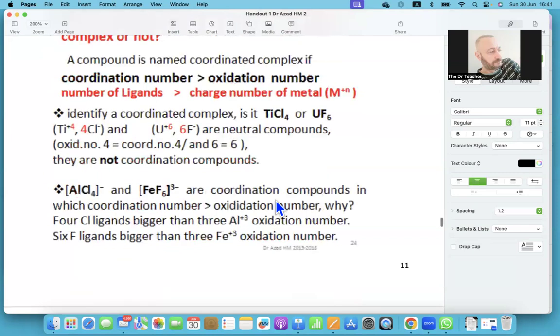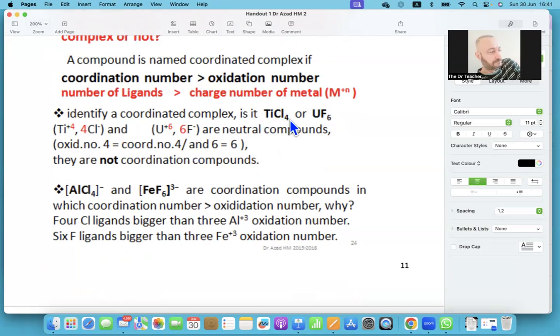So identify coordinated complex. Is it for titanium tetrachloride or for hexafluorouranium? So now we need to calculate what is the oxidation number and what is the coordination number. Okay, in this case, titanium 4 chloride. So titanium is bonded to 4 chloride.